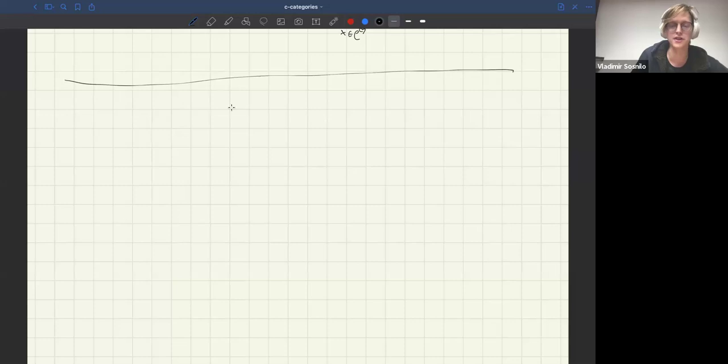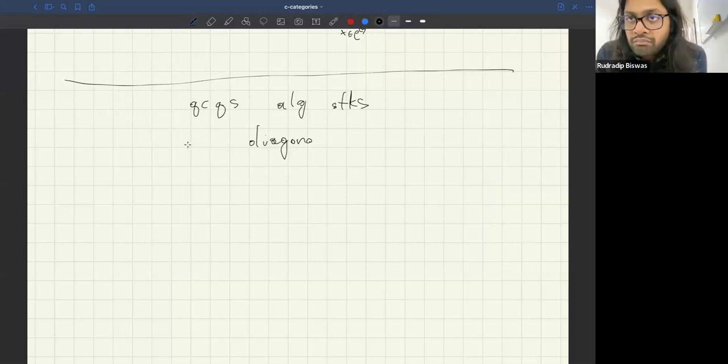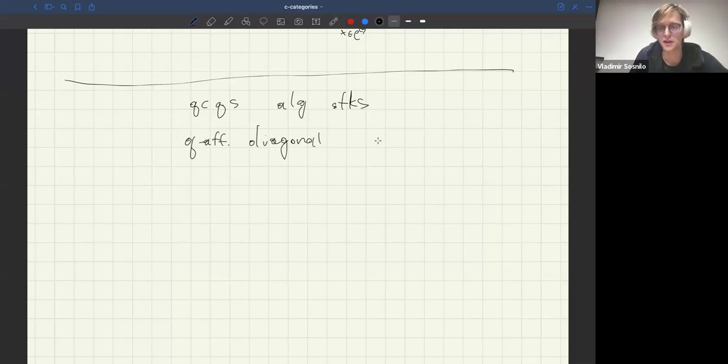So the generality that I expect is that you have QCQS algebraic stacks with, oh sorry, not separated, quasi-affine diagonal. So in particular, any QCQS algebraic space satisfies that.